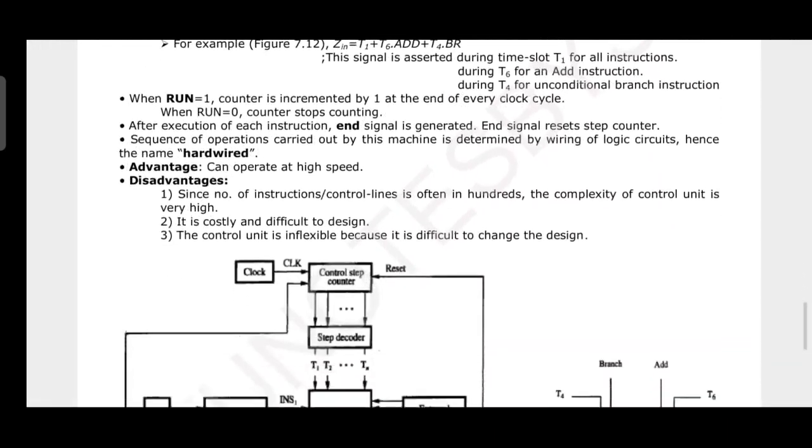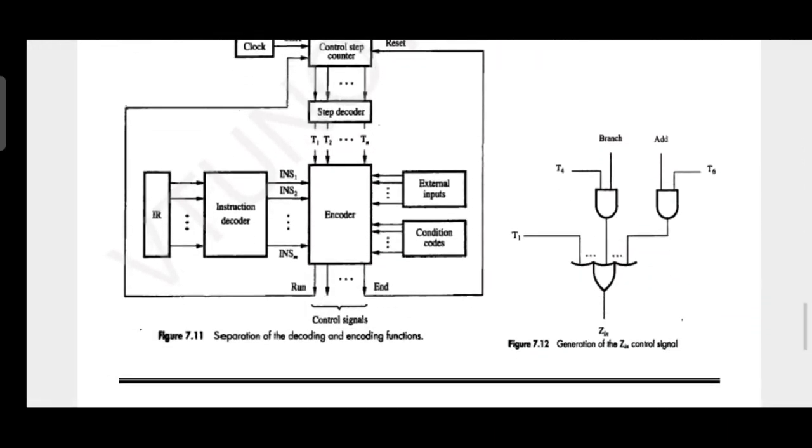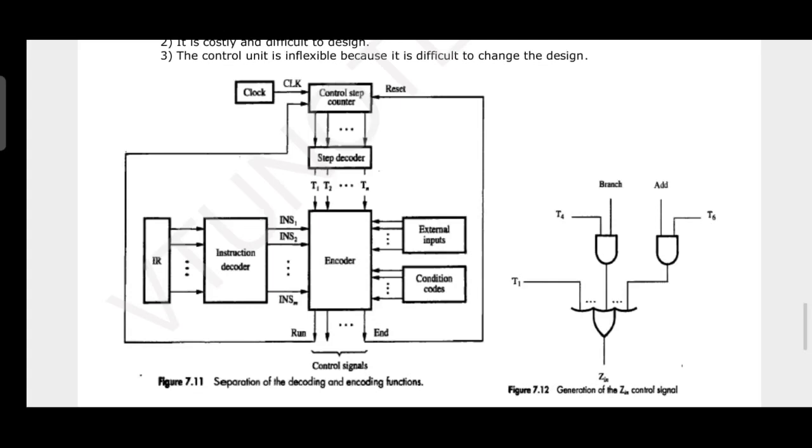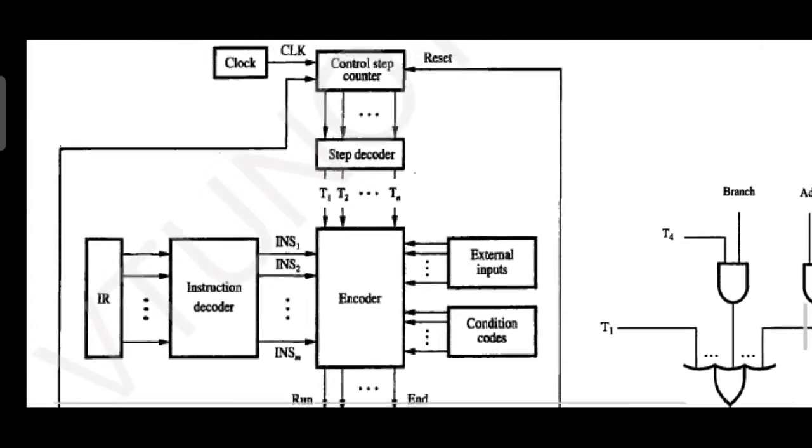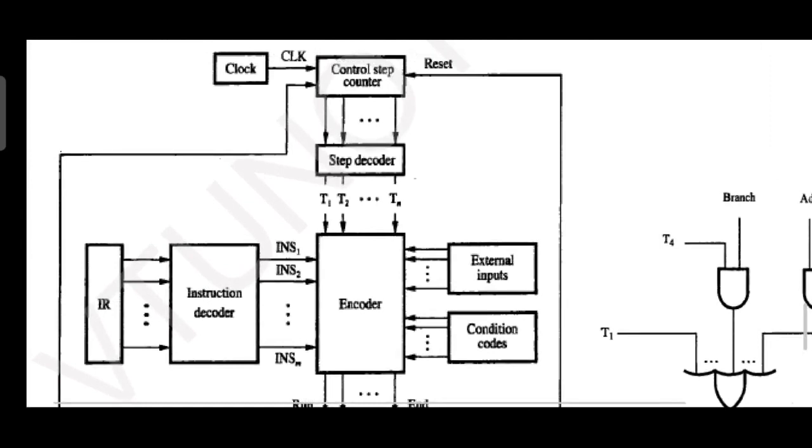Hardwired control has a block diagram. Again we have to study this block diagram. It follows synchronous operation. Synchronous in the sense that as and when needed, a particular control signal should be generated, right? So there is a clock.